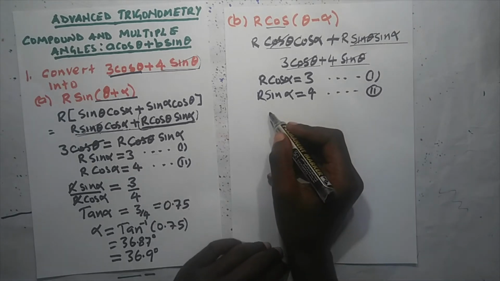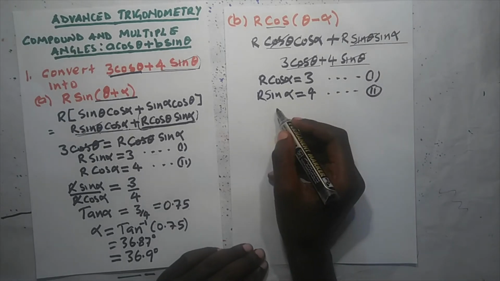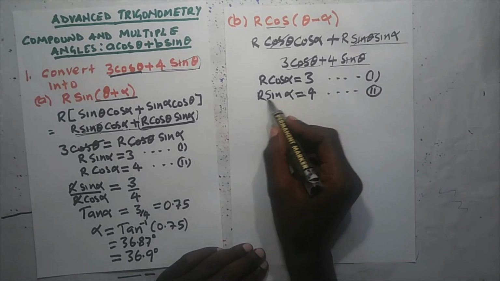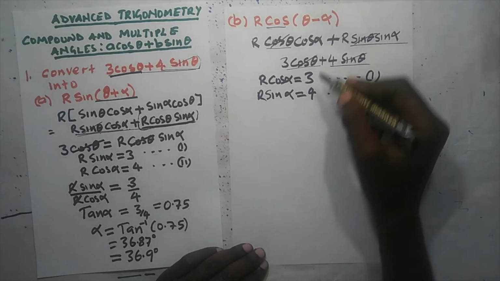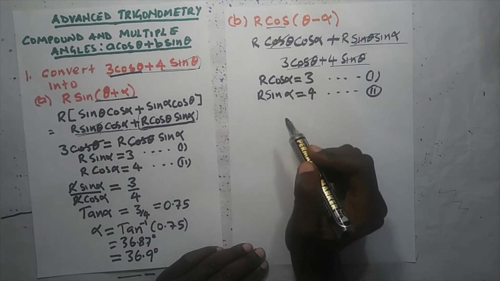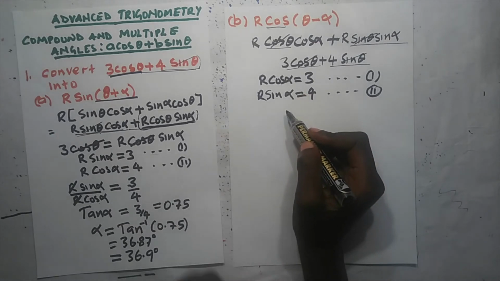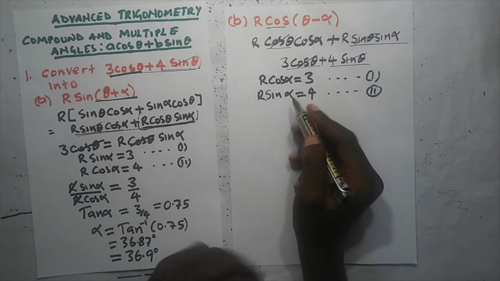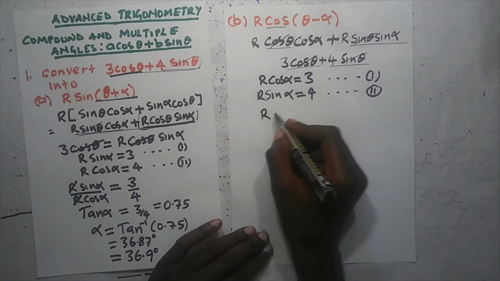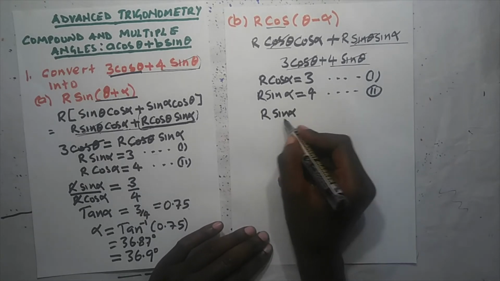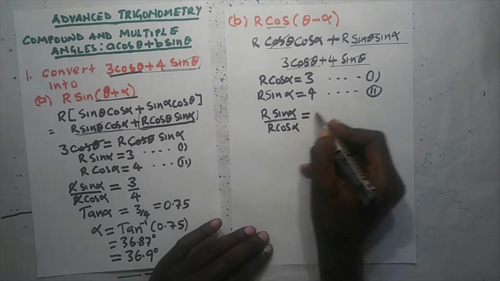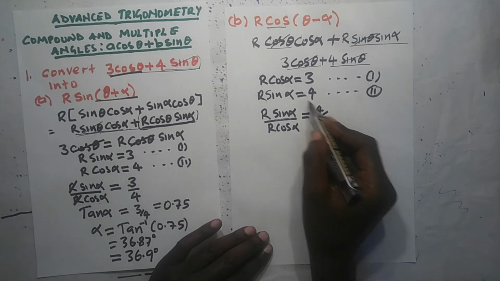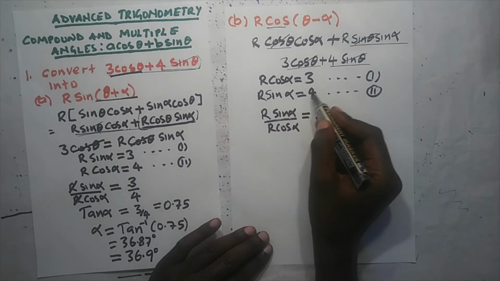So we can find now the value of alpha here by dividing equation number 2 by the first equation. So we are dividing like that because we want sine to be on top, and it's because we have the identity for sine over cosine, which is tan. So we are going to have R sine alpha over R cos alpha is equal to 4 over 3. So 4 is on top because R sine alpha goes with 4.